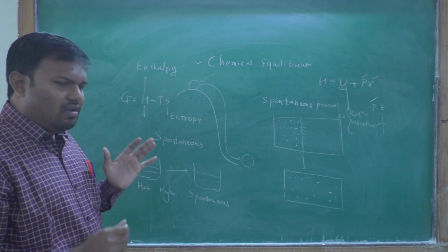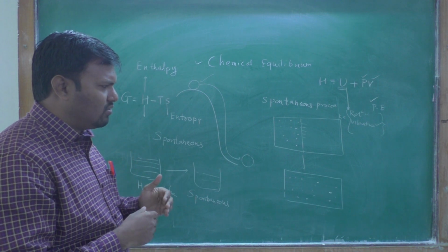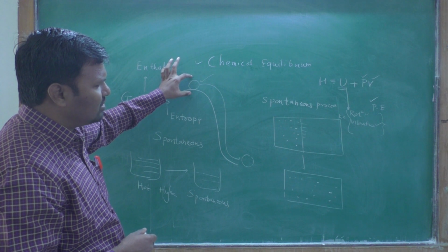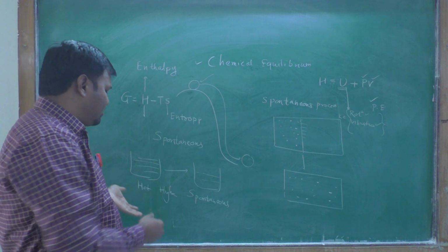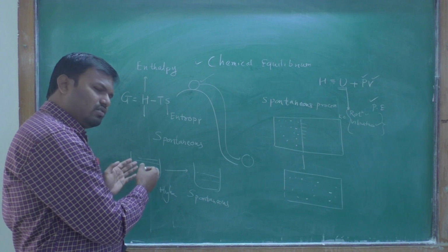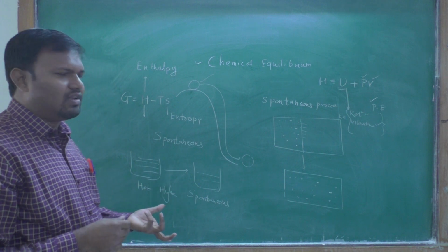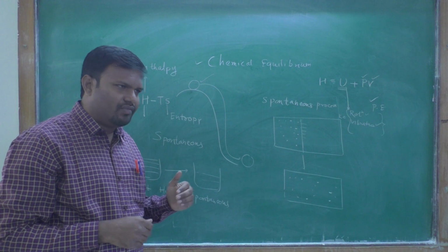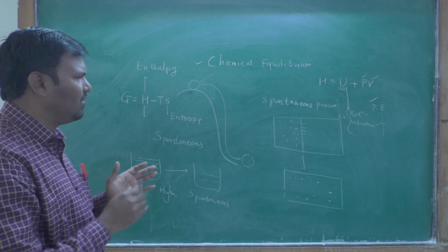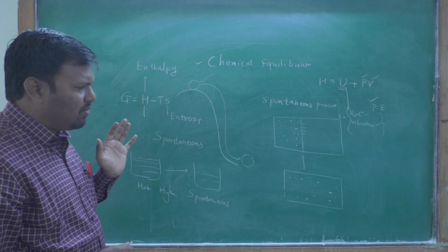For understanding purposes, remember that if the potential energy increases, enthalpy increases. If you heat that water, its heat content increases. If heat is higher for a system, then enthalpy for that system is higher. Remember that.